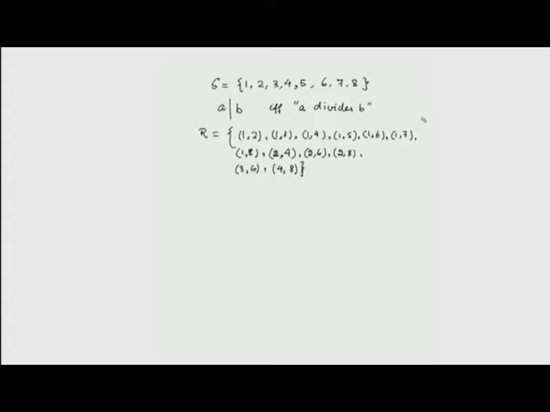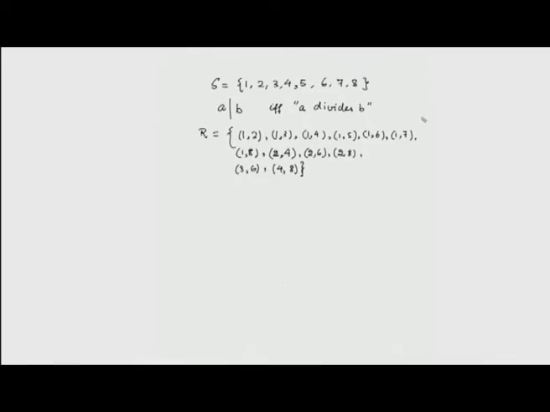So, first let us observe 1 is related to many elements and no element is related to 1. Therefore, what we do is that we draw first the point 1 over here at the very bottom and write 1, and then we see that all the other elements 2, 3, 4, 5, 6, 7 and 8 are related to 1.